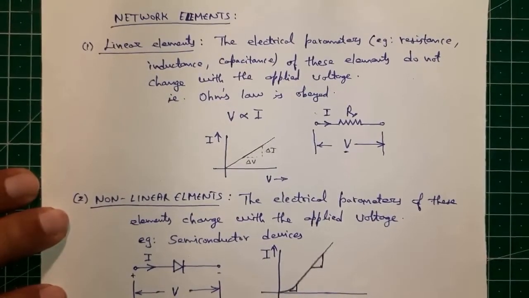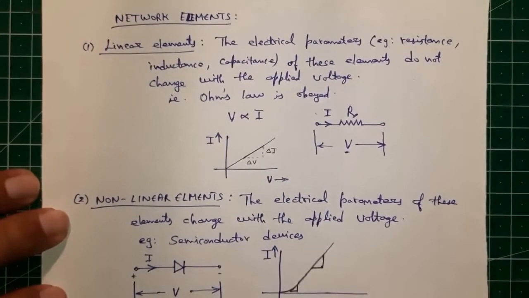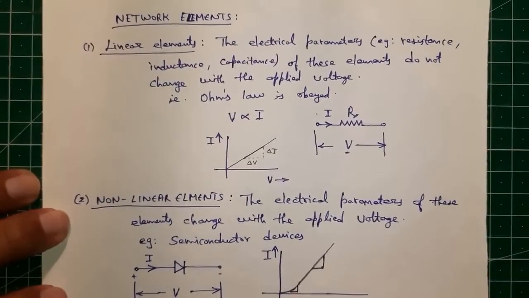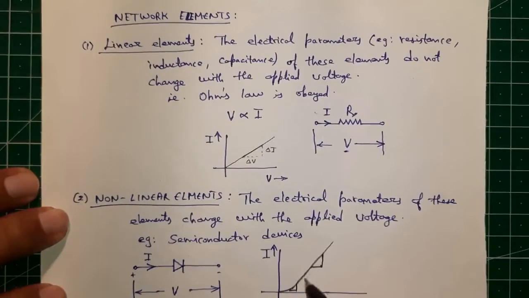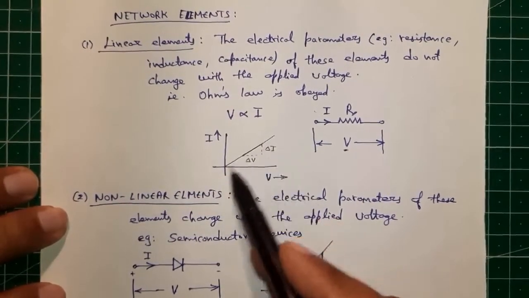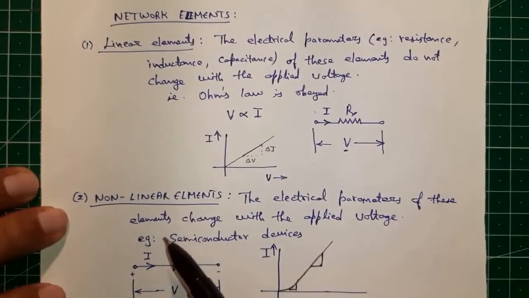But since V is not proportional to I, you cannot write an equation like that. So this is a non-linear graph as compared to this straight line graph starting from the origin.